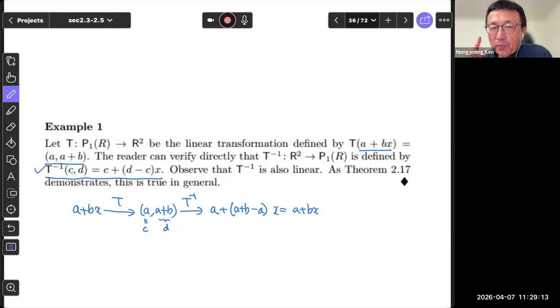So in example 1, this inverse mapping is given, and we just confirmed that this is actually the inverse of this T mapping.